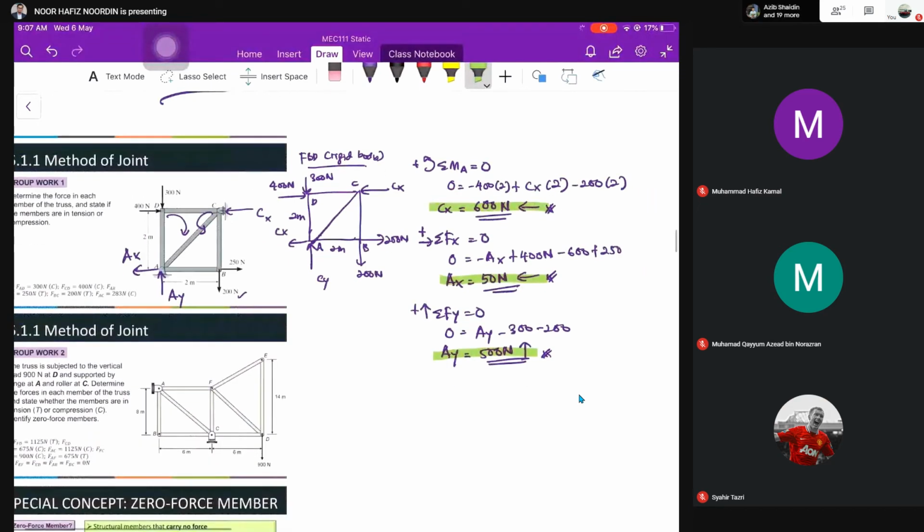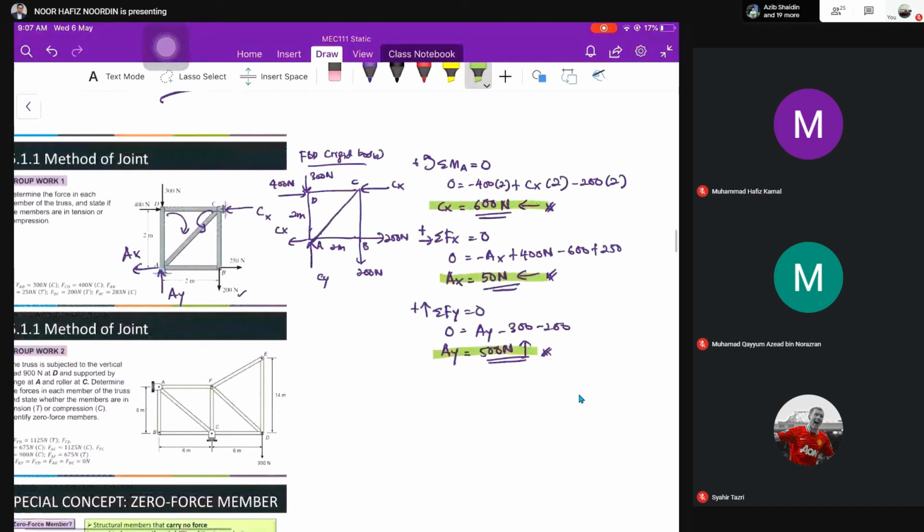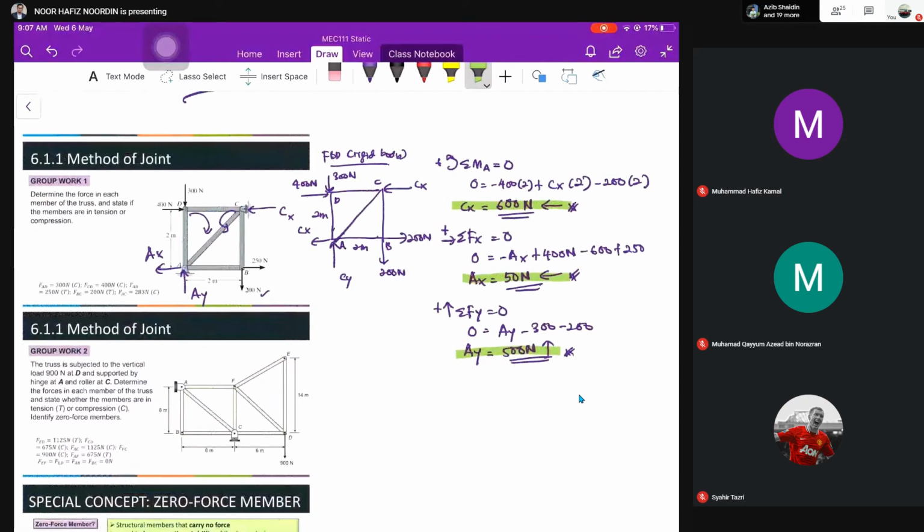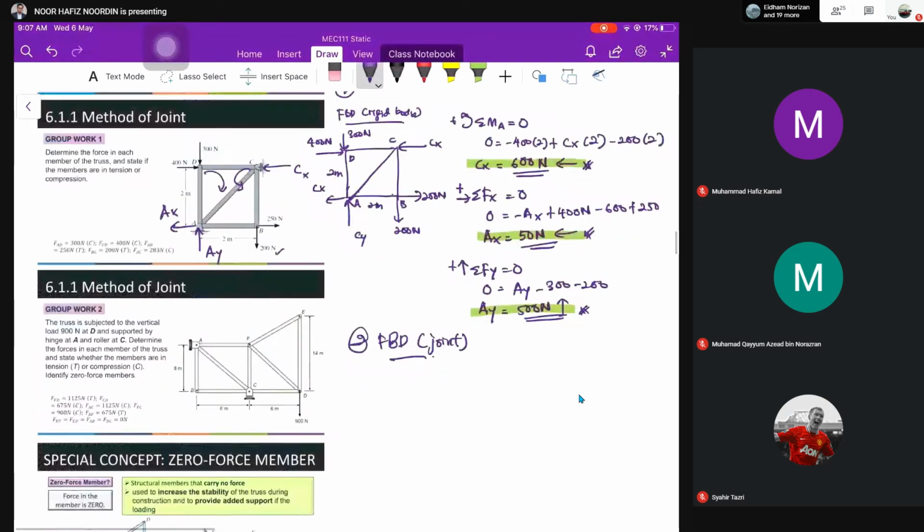You already get the value of the reaction forces. And then after that, the second step is we draw the free body diagram for the joints.